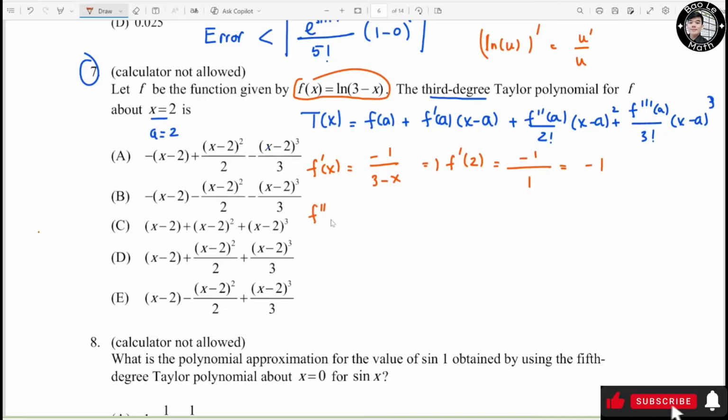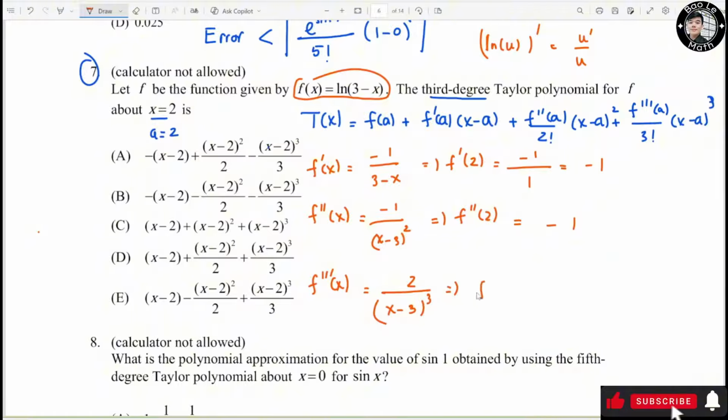Now f double prime of s equals negative 1 over s minus 3 altogether squared, right? So then f double prime of 2 is negative 1. Now f triple prime of s is 2 over s minus 3 cubed, right?